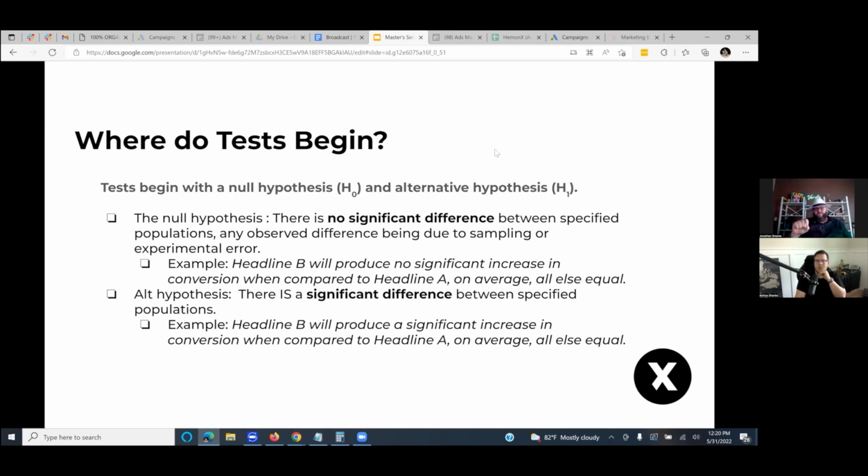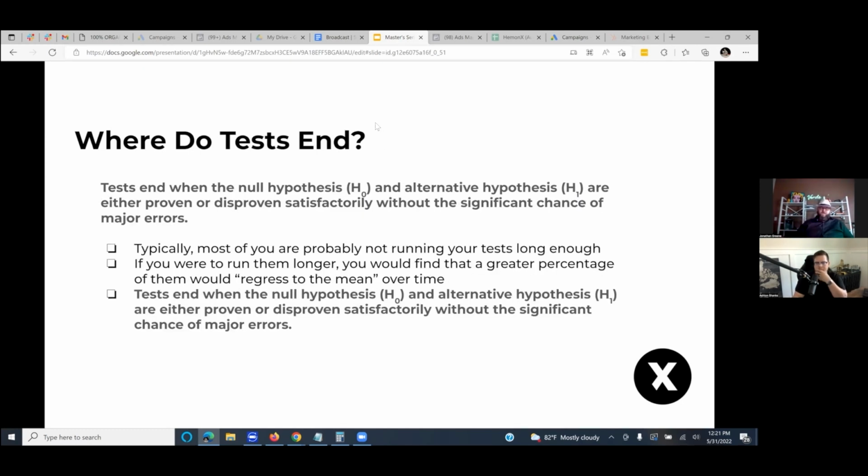This is most probably how you form your hypotheses when you're doing your own testing, right? So if that's where tests begin, where do they end? Tests end when the null hypothesis and the alternative hypothesis are either proven or disproven satisfactorily without the significant chance of major errors, right?